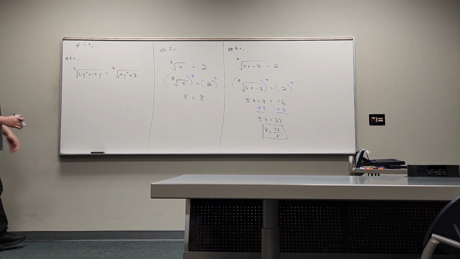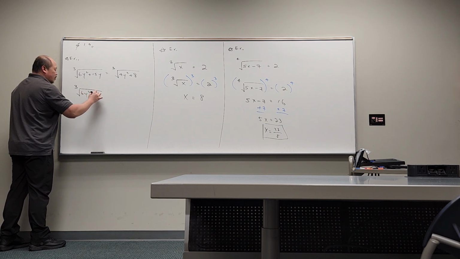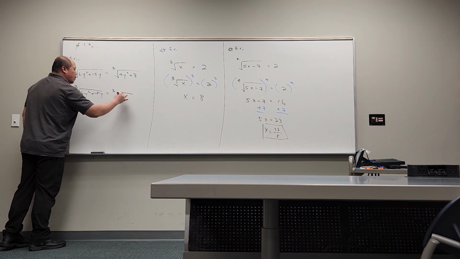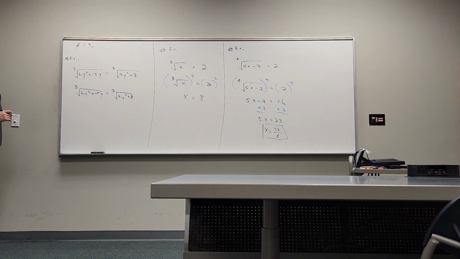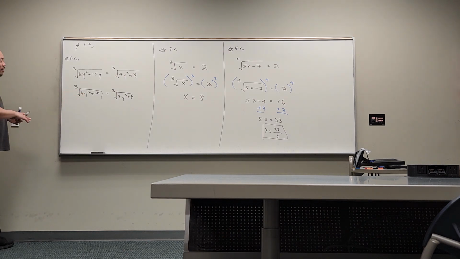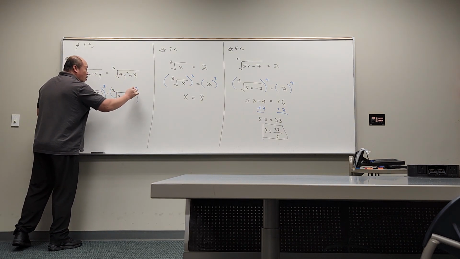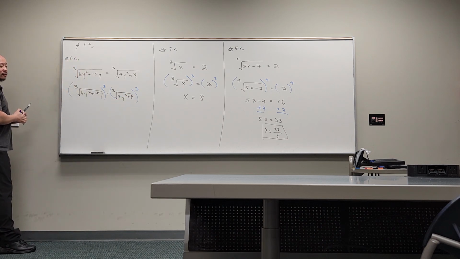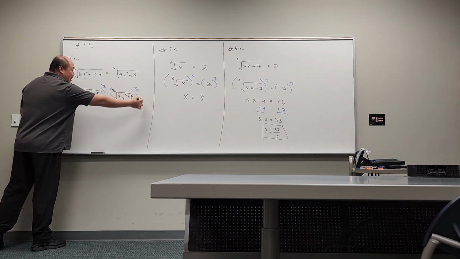I will rewrite the problem one more time, just so that you see what I would do. I have the cubic root on the left and the cubic root on the right. The game is about getting rid of the radical. So if I see the cubic root, I apply the third power. Only this time, this is nice because it can clean up both the left-hand side and the right-hand side. You simultaneously destroy both radicals at the same time.